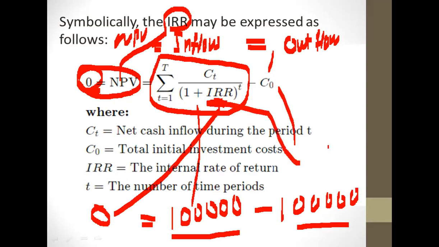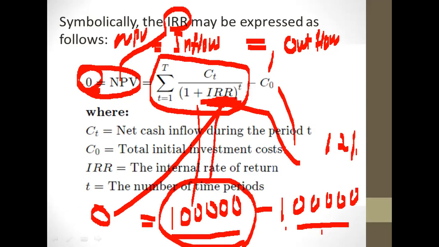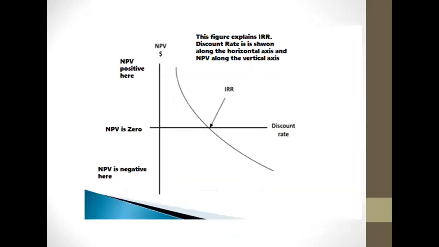Suppose it is 12%. This rate of interest, which makes the present value of the cash inflow equal to the cash outflow, is what is called the internal rate of return. So internal rate of return is that rate of interest which makes NPV 0. The next figure will explain this in detail. Look at this figure.